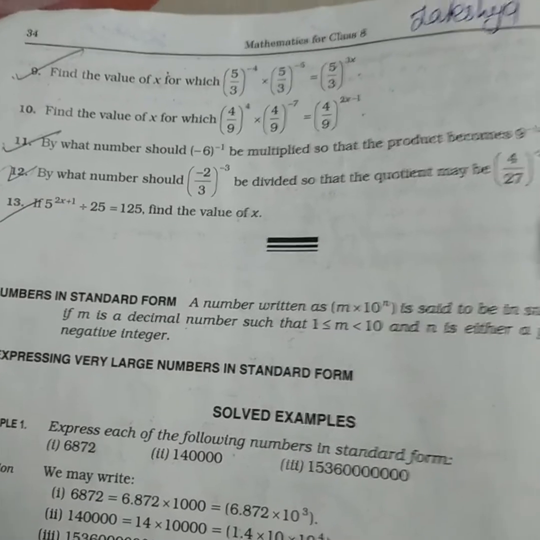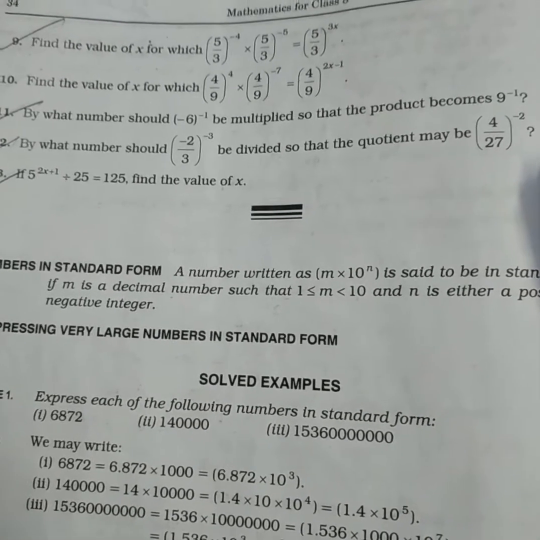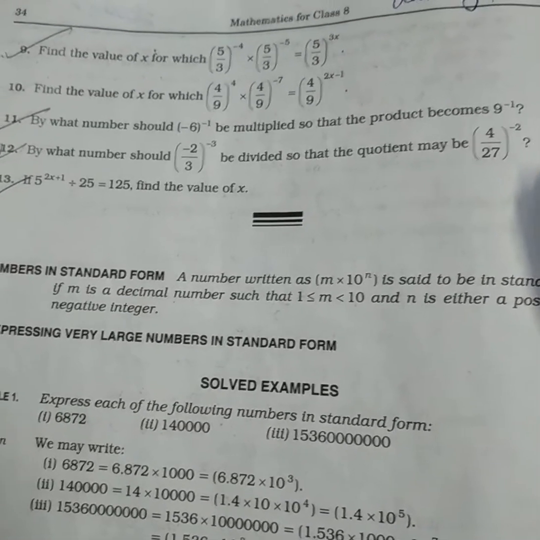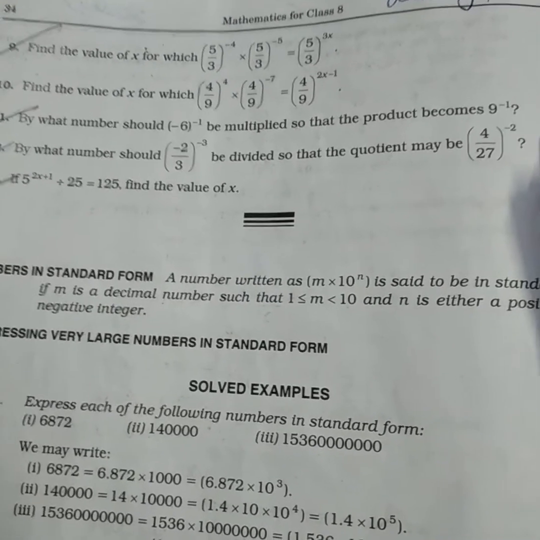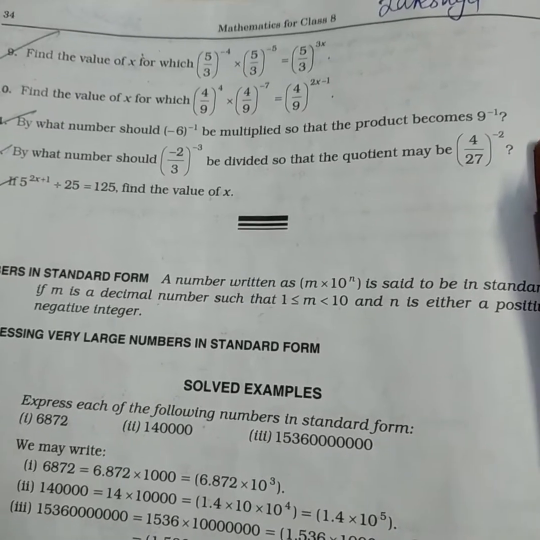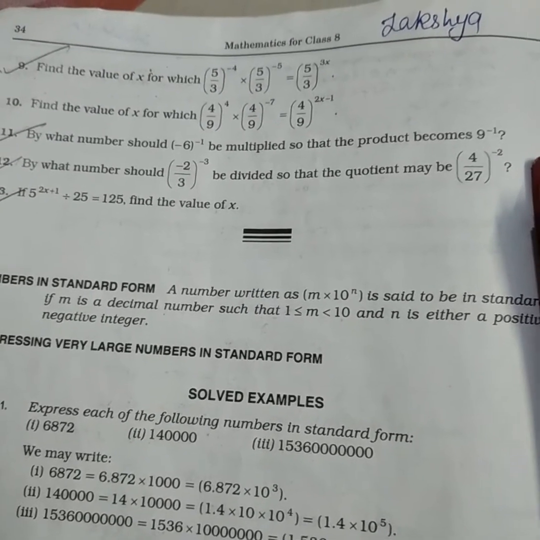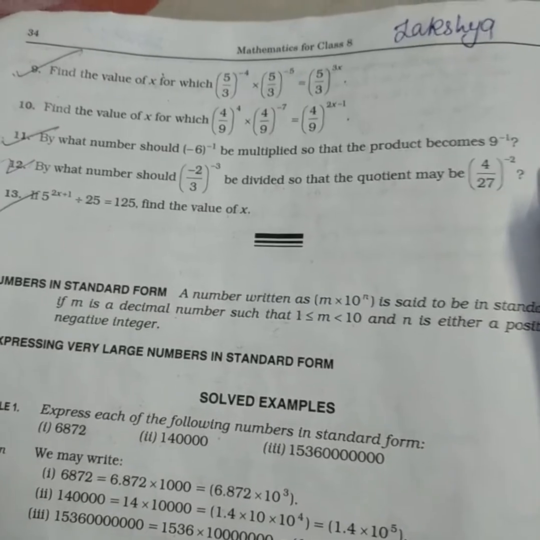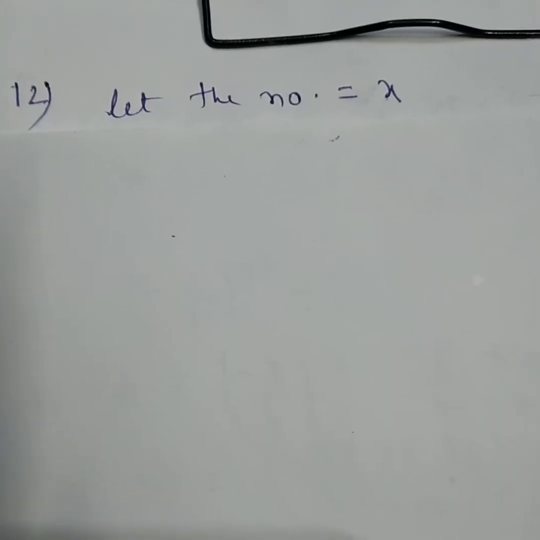Now question number 12, just like question number 11, but in place of multiplication, here it is division. By what number should (-2/3)^-3 be divided so that the quotient may be (4/27)^-2? Once again we will take that number as x.